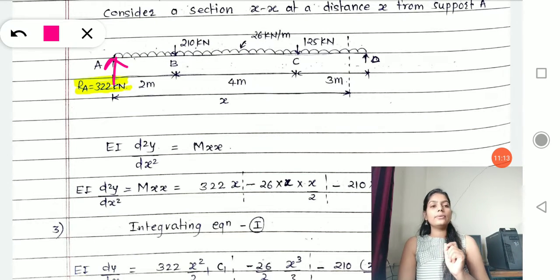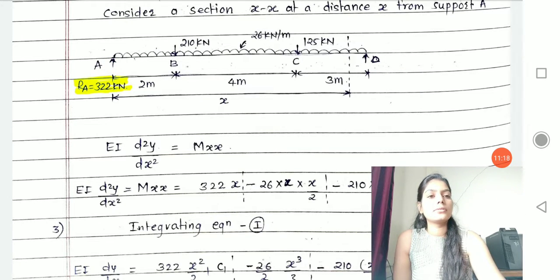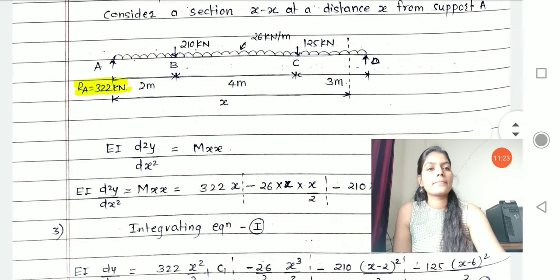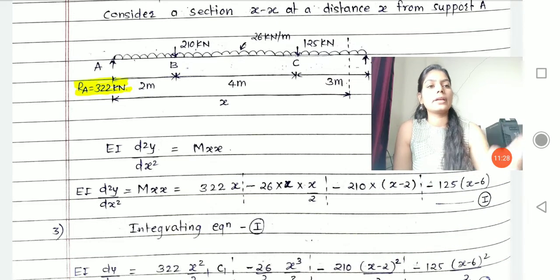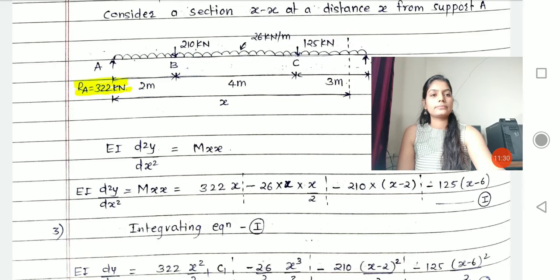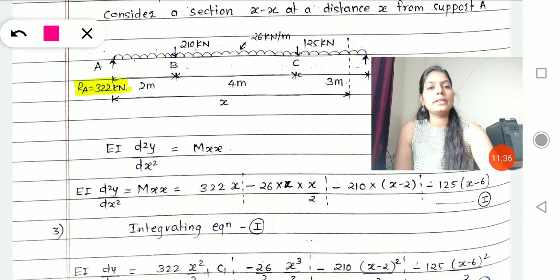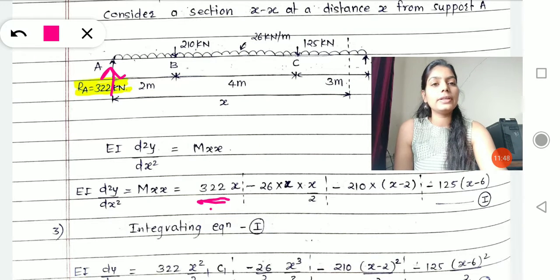Okay, now let's start. We will do it like this. I have started from support A. 322 is the reaction at support A. 322 into horizontal distance, 322 into x.